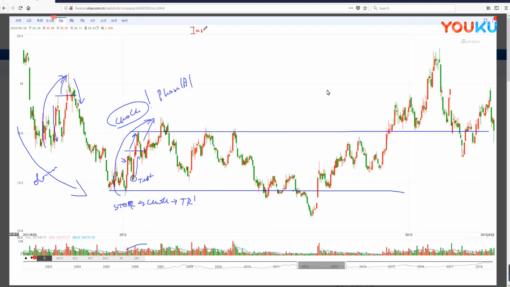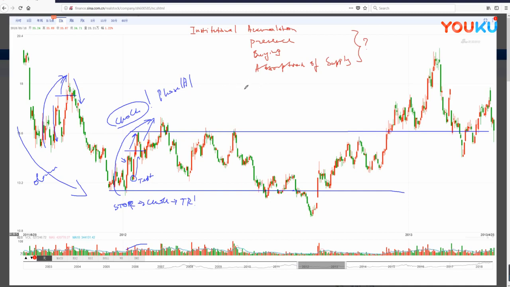All right, so now let's talk about institutional accumulation, and therefore institutional presence and institutional buying and institutional absorption of supply. All of these questions we want to address.